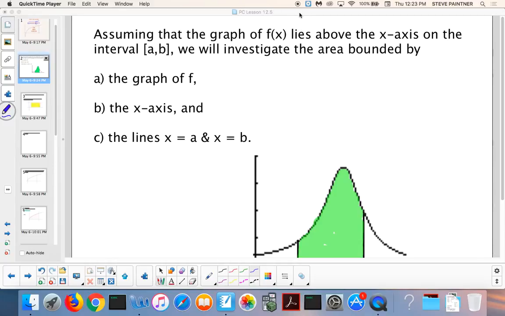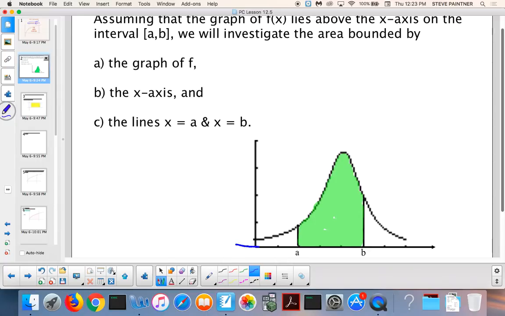Assuming that the graph of f of x lies above the x-axis, on the interval a to b.